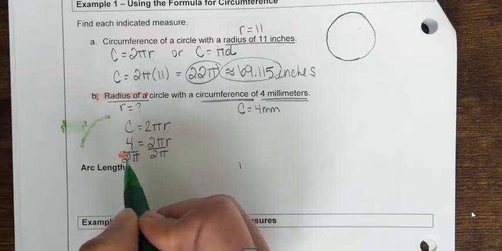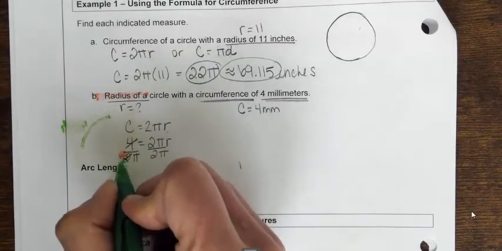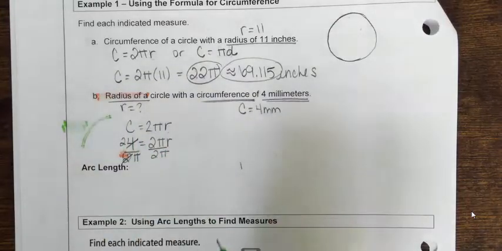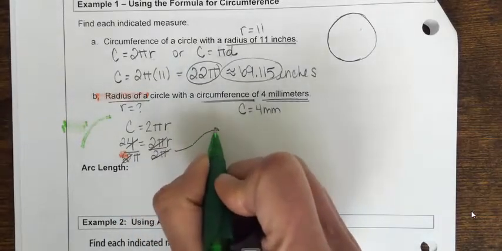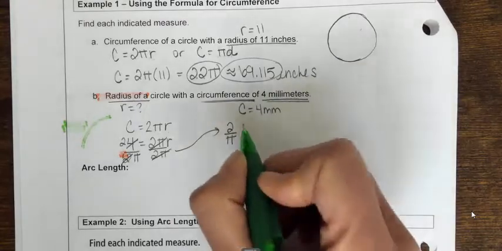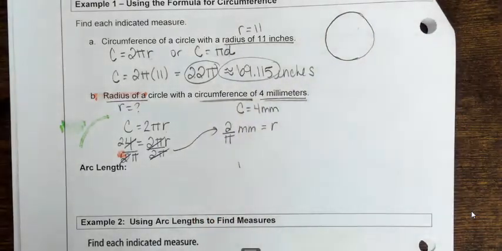So I can reduce both of these, or divide top and bottom by 2. So this will give me a 1 pi in the denominator, and in the numerator I'll have a 2. These completely reduce. So coming over here then, I have 2 divided by pi, and that's in millimeters, is going to equal my radius.